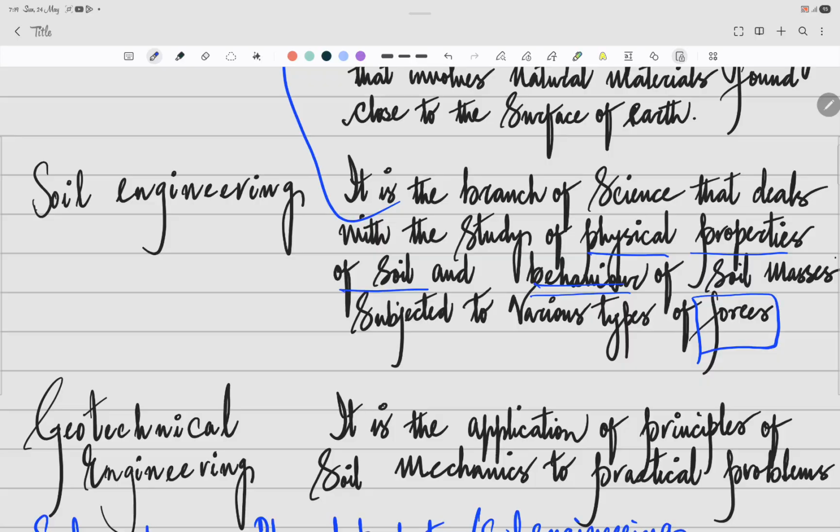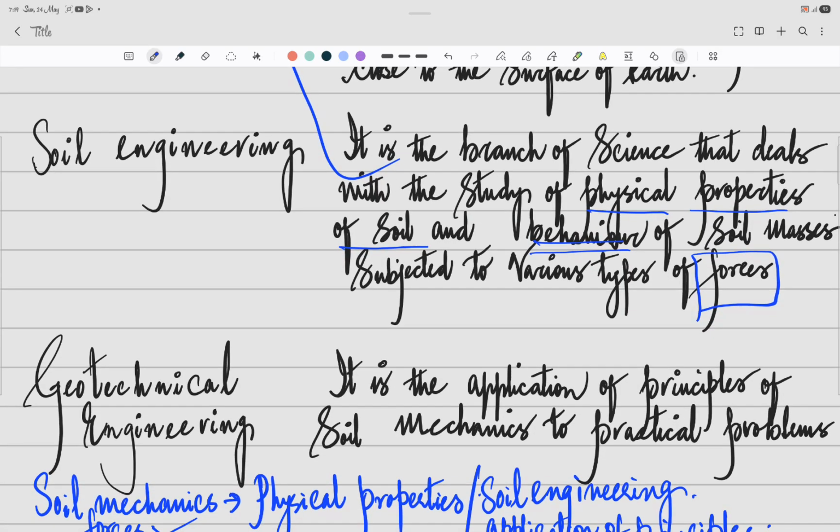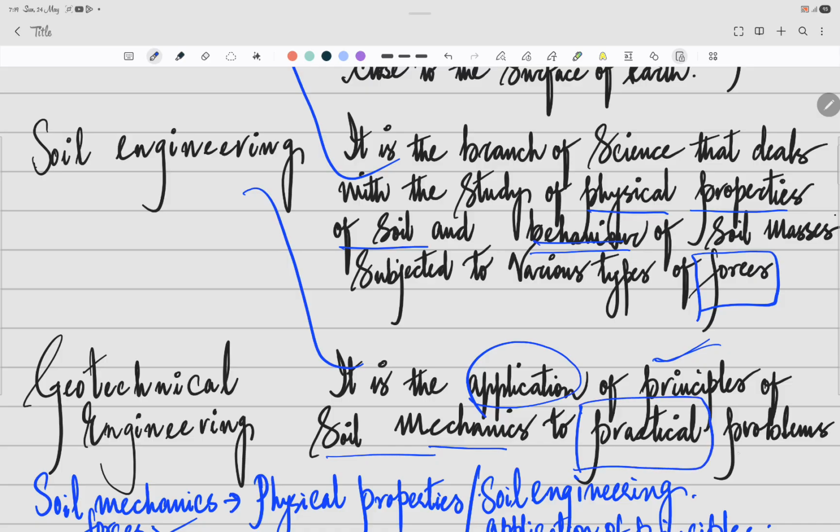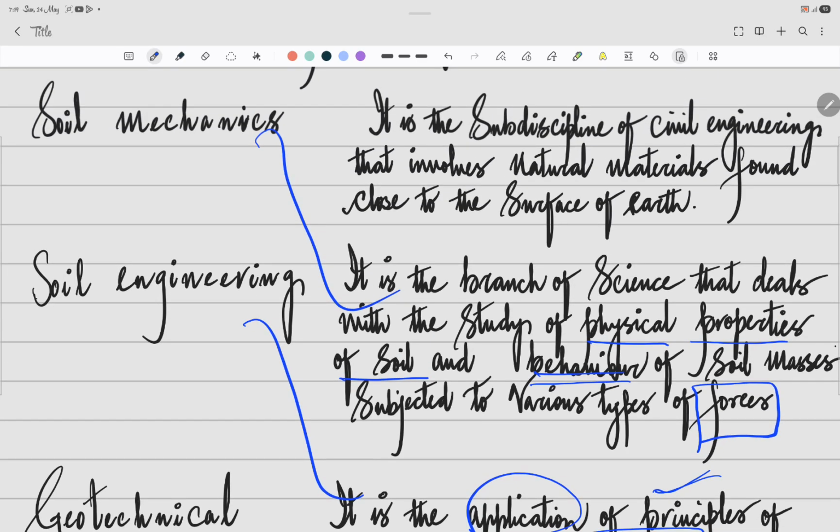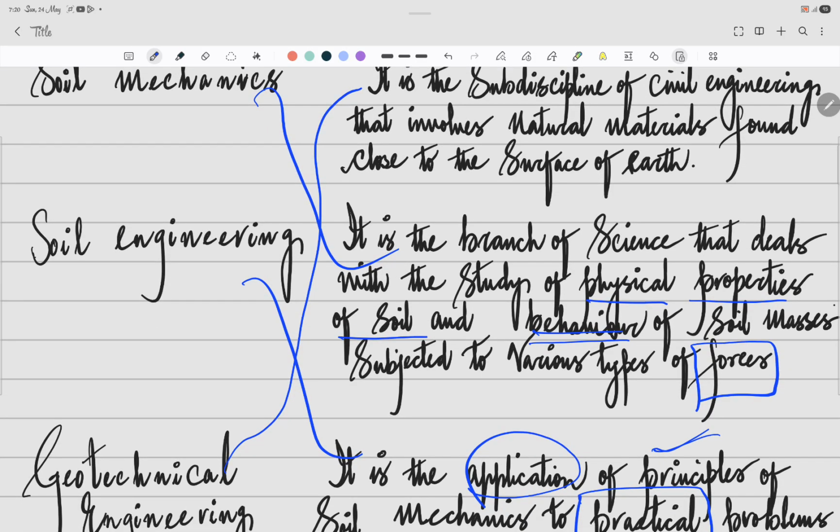Soil engineering is the application of principles of soil mechanics to practical problems. Whereas geotechnical engineering is the subdiscipline of civil engineering that involves natural materials which are found close to the surface of the earth.